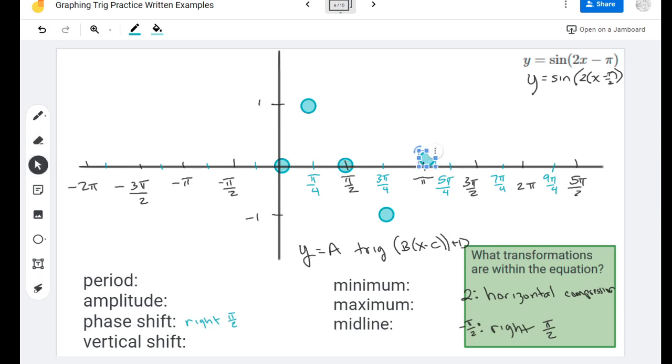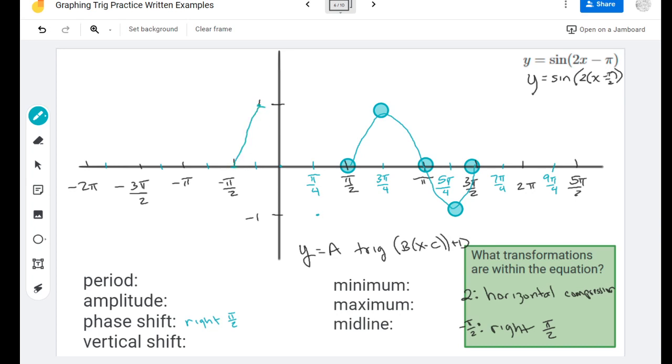That means that I'm going to use 2 hops to move every single point here. And now, once you've done all those transformations, now draw in your curve. Now I can keep copying this pattern if I want to. Right? So here's another iteration if I needed it.